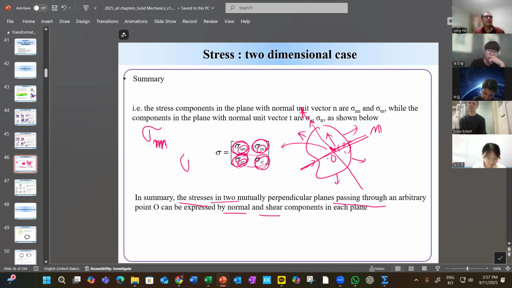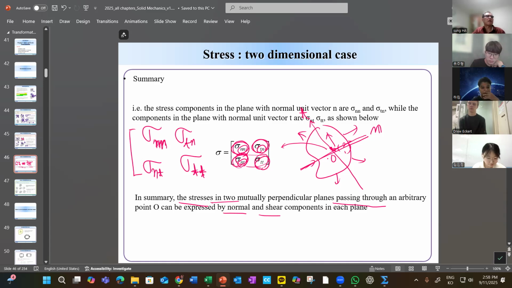And here sigma tt, same t plane and t direction, and n plane and t direction, and t plane and n direction.